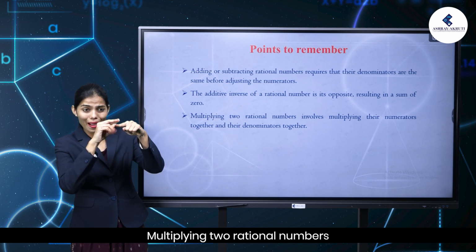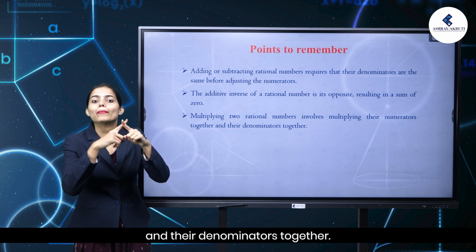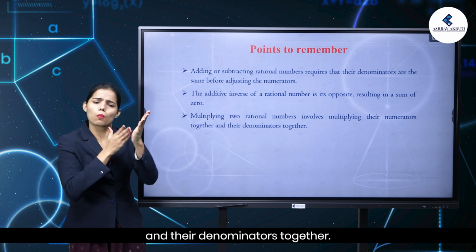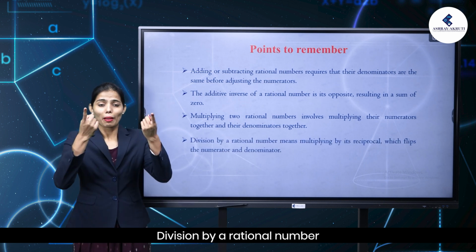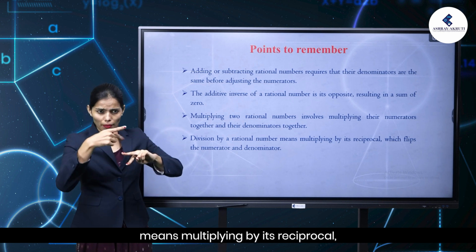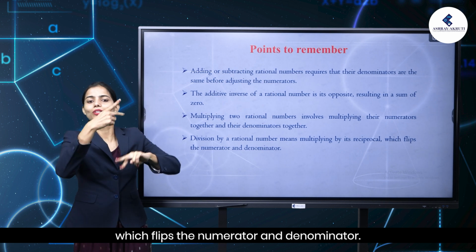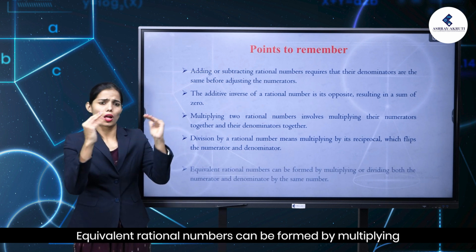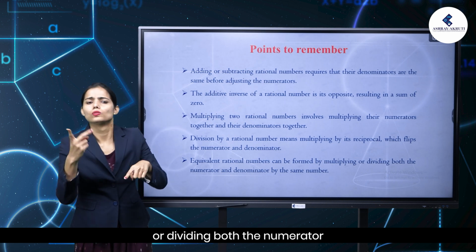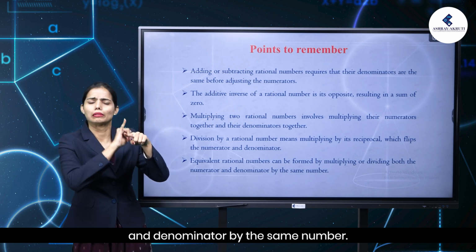Multiplying two rational numbers involves multiplying their numerators together and their denominators together. Division by a rational number means multiplying by its reciprocal, which flips the numerator and denominator. Equivalent rational numbers can be formed by multiplying or dividing both the numerator and denominator by the same number.